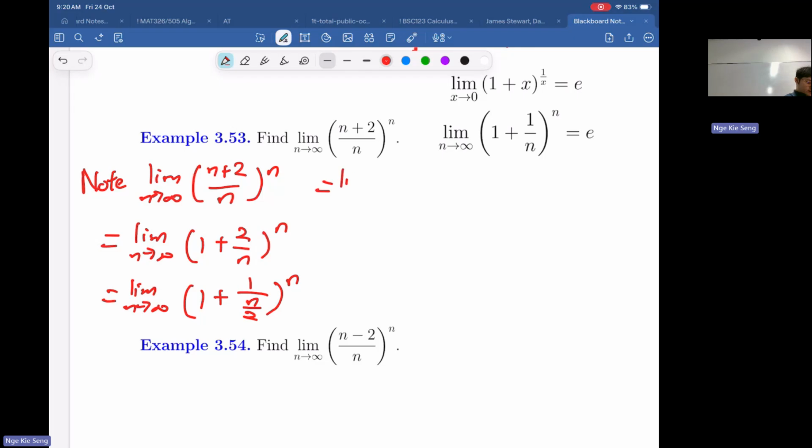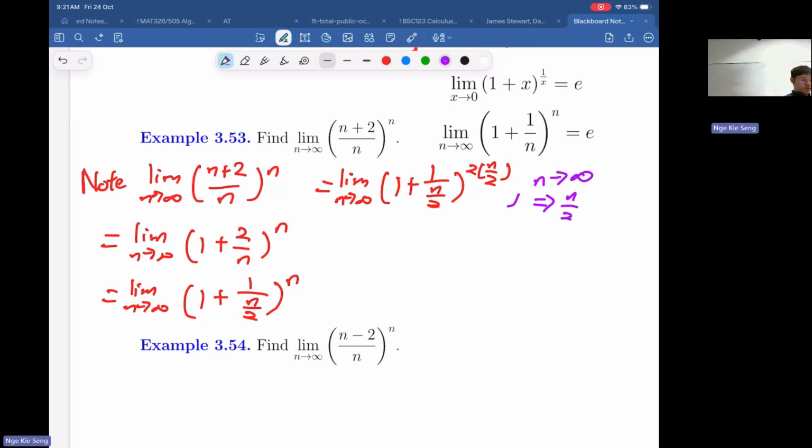First, maybe one can realize that we can make it 2 times n over 2, meaning you take the product of two of the same kind. But how about the variable? If n goes to infinity, does it imply that n over 2 also goes to infinity?